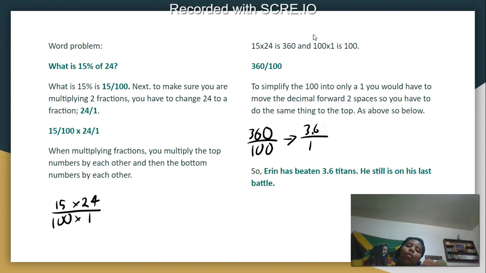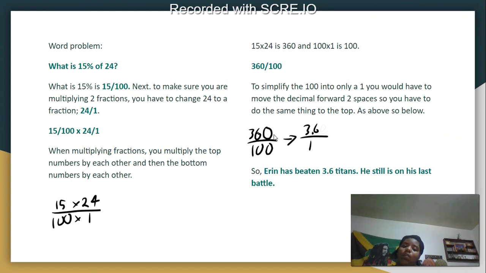To simplify the 100 into only a 1, you would have to move the decimal forward two places. So you would have to do the same thing to the top as to the bottom. When you're moving the decimal two places, first the 100 would change into a 10 and then into a 1.